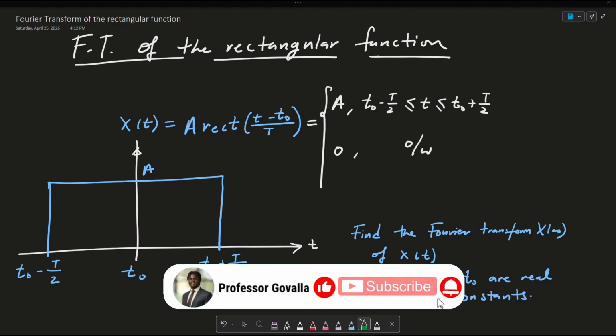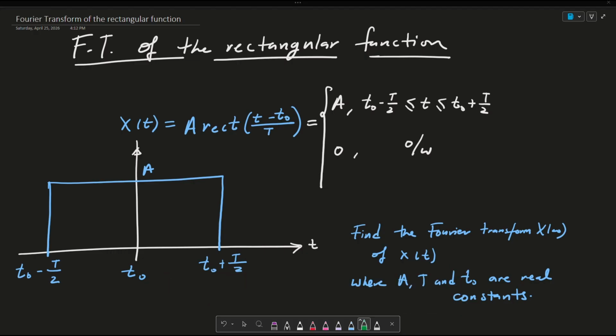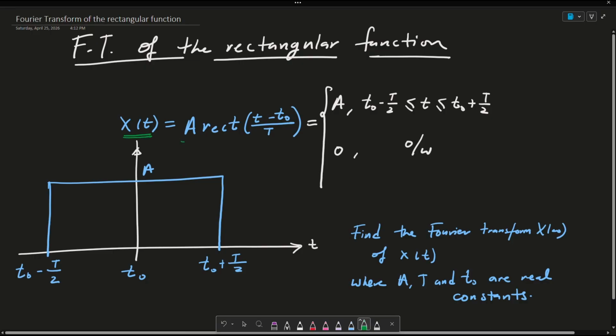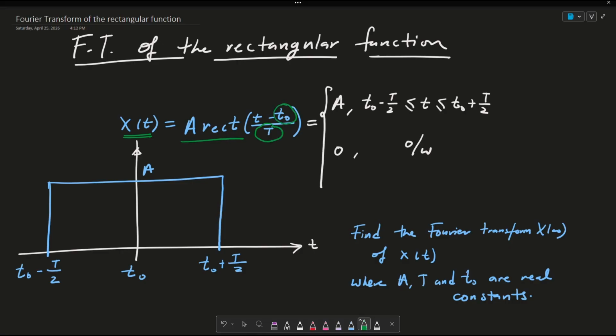My name is Professor Govala, and today I'm going to be doing an example on the Fourier transform, specifically the Fourier transform of a rectangular function, where we take the general rectangular function where my signal in the time domain is a rect of (t minus t naught) over capital T, where my t ranges from t naught minus T over 2 to t naught plus T over 2 and is 0 otherwise.